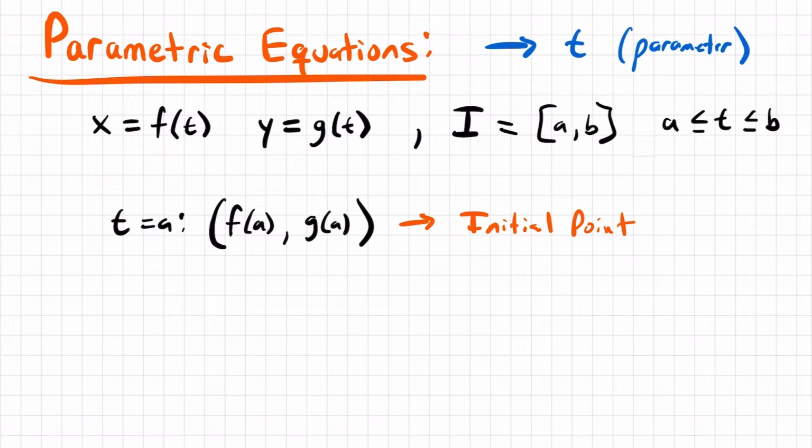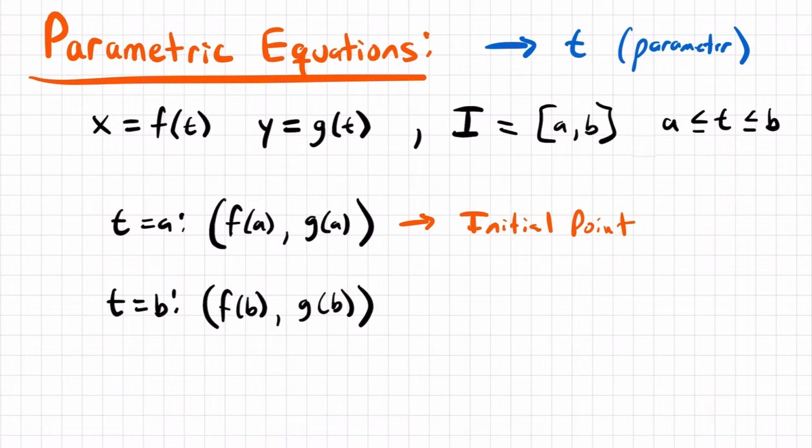So that is where the path of motion for our object starts, or you can view it as the initial point of the plane curve. Now when t equals b, that is our last value of t, we will have a different coordinate point of f of b, comma, g of b. We plug b into f of t to get our x coordinate, and we plug b into g of t to get our y coordinate.